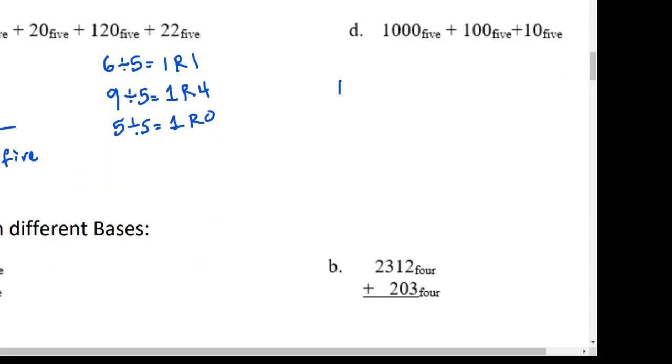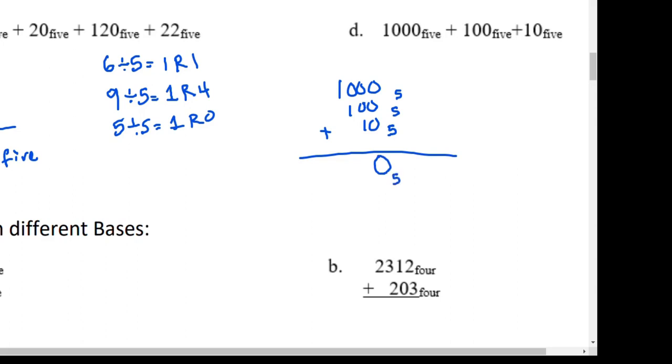Let's add 1000 base 5 plus 100 base 5 and 10 base 5 together. Well, 0 plus 0 plus 0, that's 0.